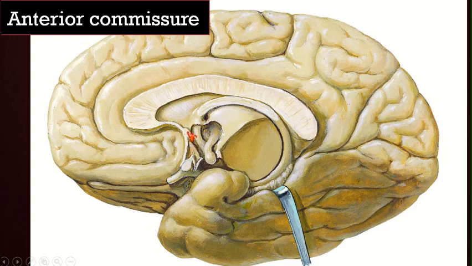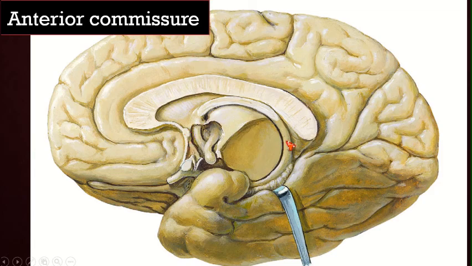Then the small anterior part interconnects the olfactory regions, olfactory bulbs and olfactory tubercles of the two cerebral hemispheres. Can you find this? Remember, this small part is the anterior commissure.